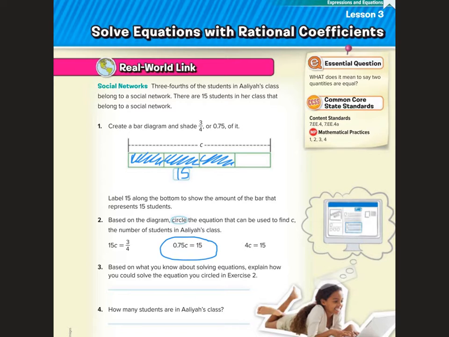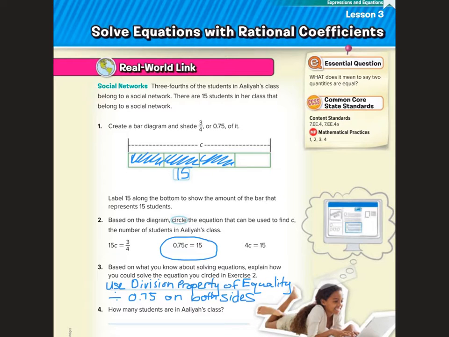Based on what you know about solving equations, explain how you could solve the equation you circled in exercise 2. 75/100 C actually means 75/100 times C. So after doing the last lesson, we know that we can use the division property of equality to solve this type of equation.